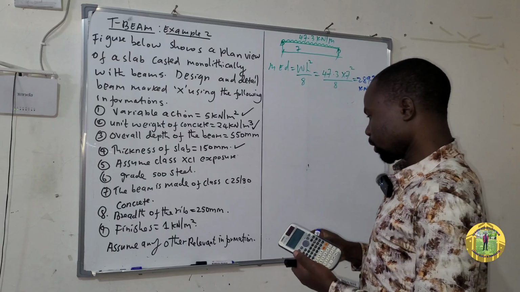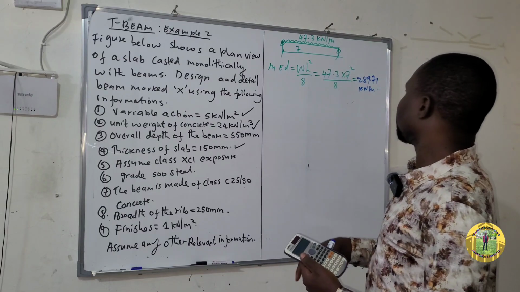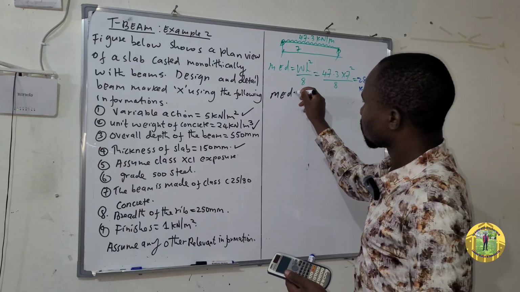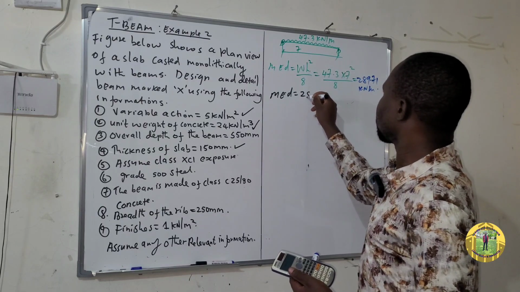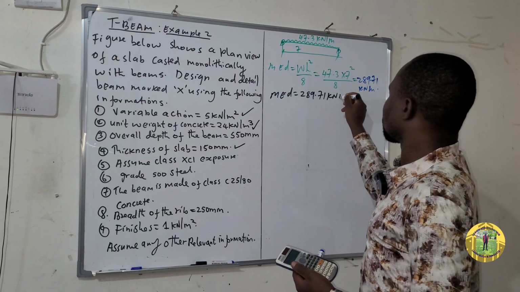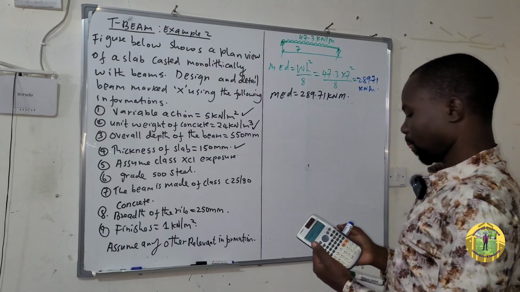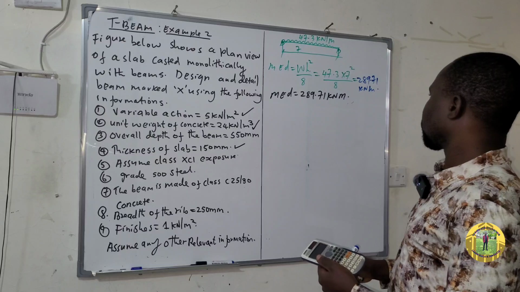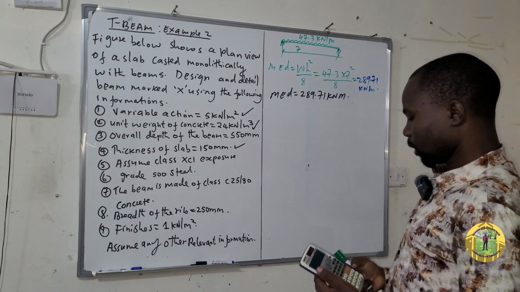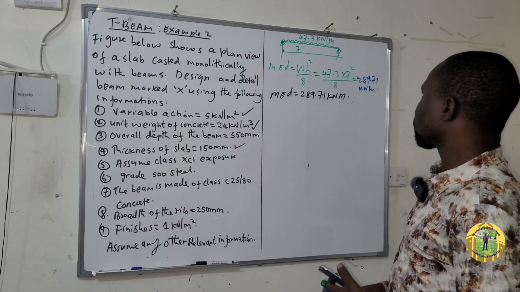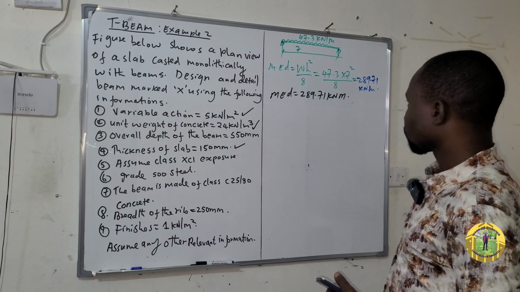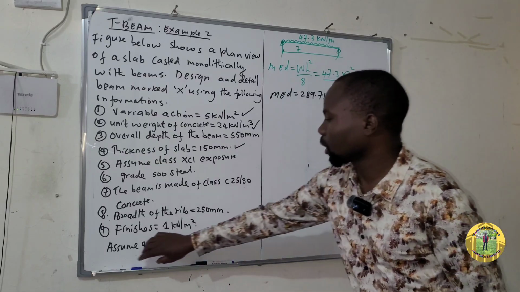So MED is equal to 289.71 kilonewton meter. That is our MED. After here, we now proceed to the calculation of D.